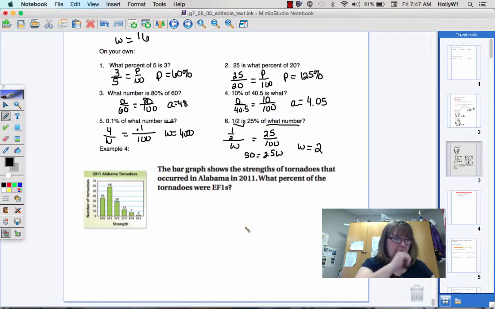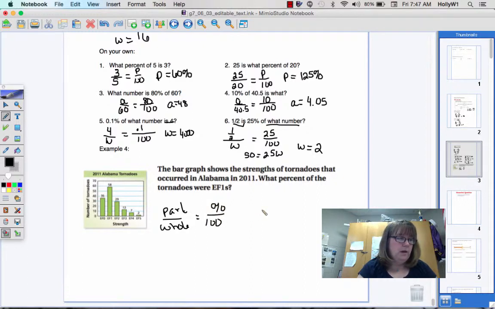So the final example, the bar graph shows the strength of tornadoes that occurred in Alabama in 2011. What percent of tornadoes were EF1s? Well, remember, we're talking about the part divided by the whole is equal to the percent over 100.